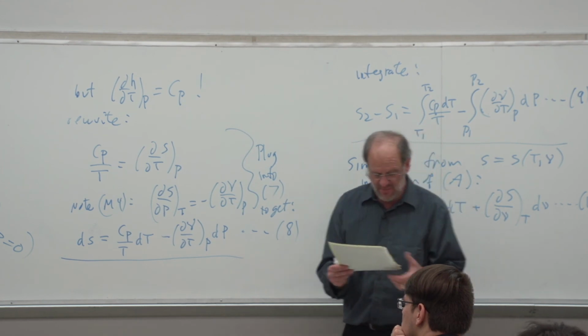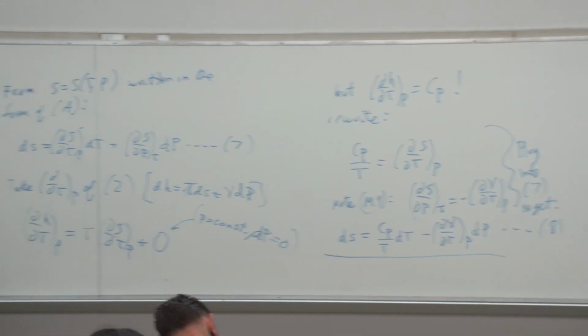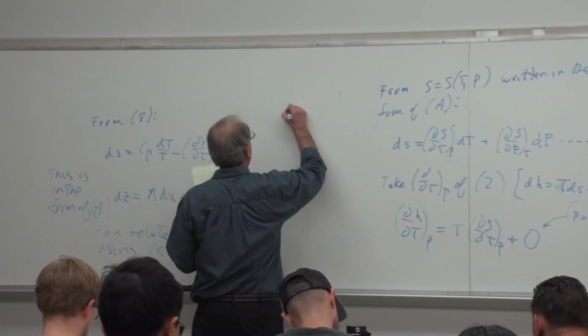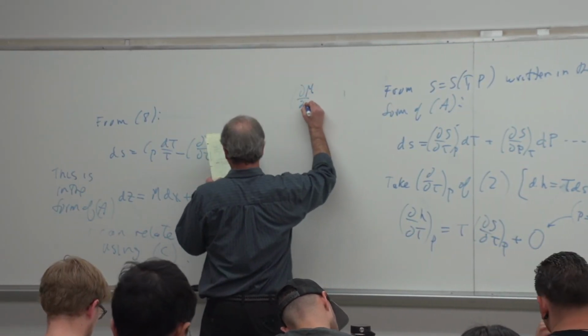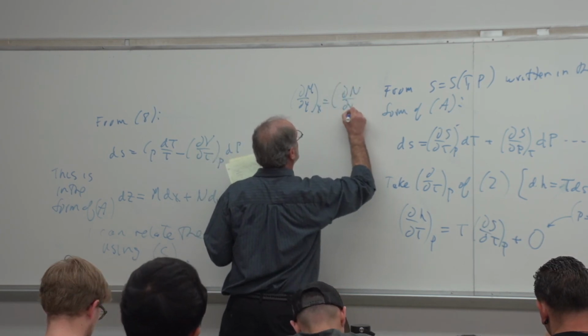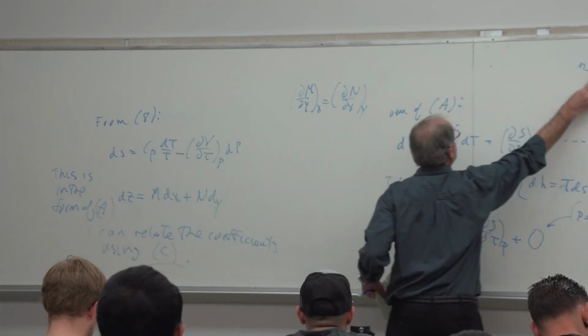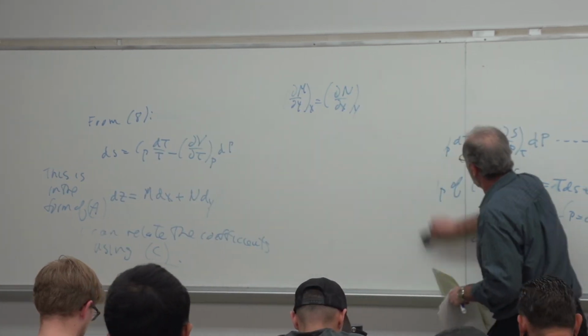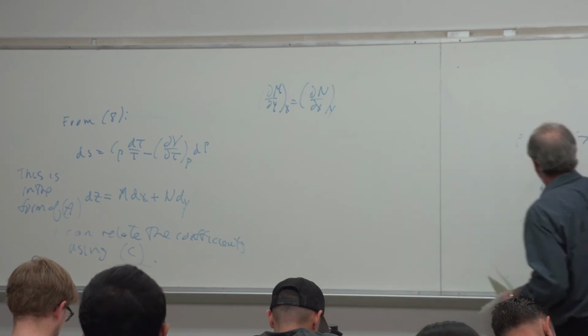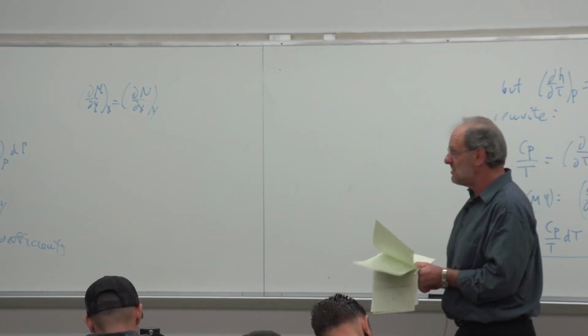Yeah, so (∂M/∂y)_x equals (∂N/∂x)_y. Okay, so again, I'll just write that out. So if we have an equation that is in the form of A, we can use those other equations like B and C and D to develop new relationships.